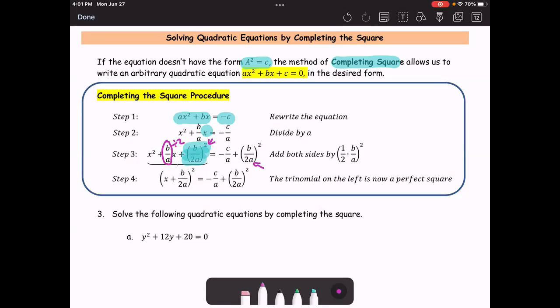On the left side, the three terms become the perfect square form, x plus b over 2a all to the power 2, where the right hand side will be the sum of the two constants, negative c over a and b over 2a quantity squared. After this step, we can use the taking square root method.